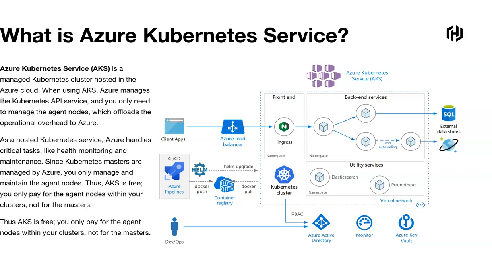But the control plane is managed by Azure. So all you do is manage the nodes yourself, where your pods are going to be running. AKS in itself is free. What you pay for are the agent nodes within your clusters. You don't pay for the masters, you don't pay for the control plane.